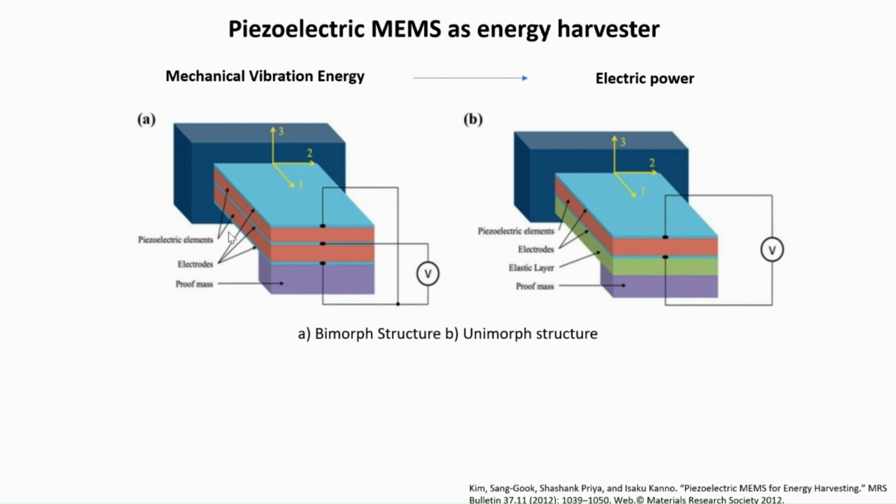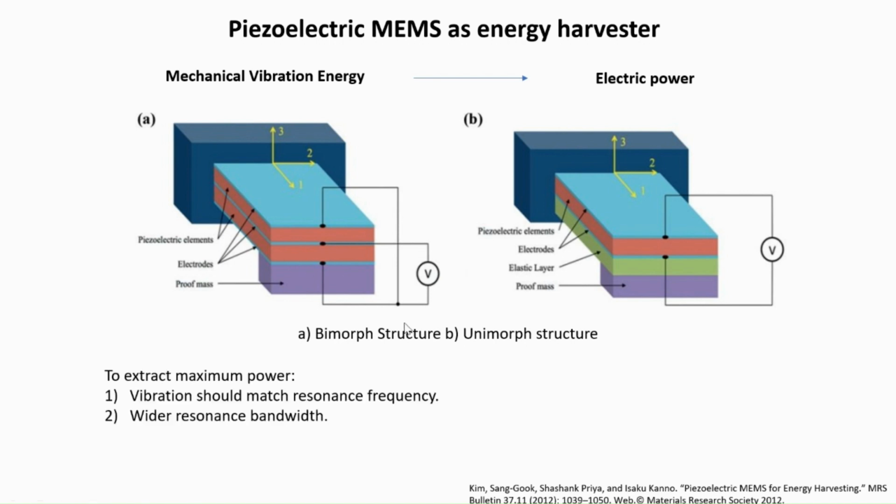You can read about it in depth, or if anybody wants, I can make a video on how that happens. Ultimately, the strain is converted into separated charges, and this charge is collected by the electrodes. So due to strain, you are converting the strain into electricity. That is how it is done.